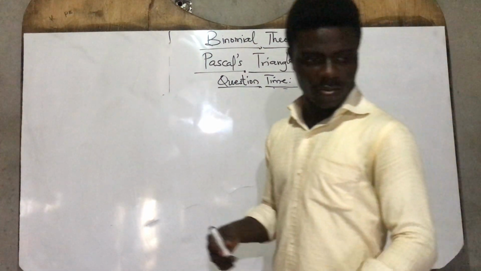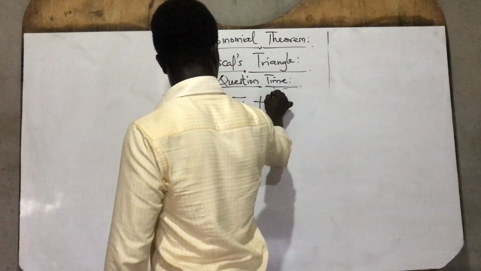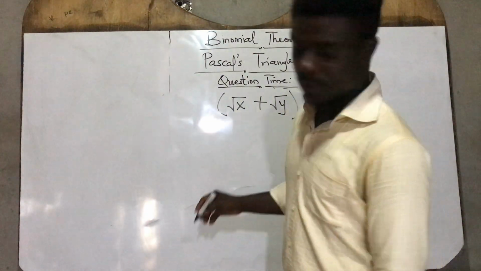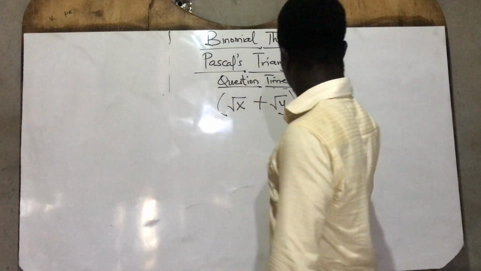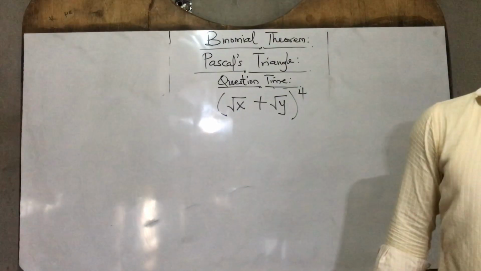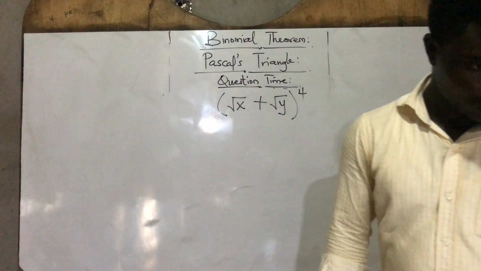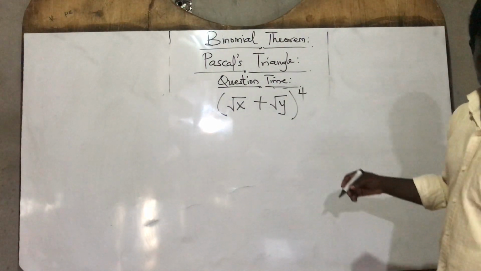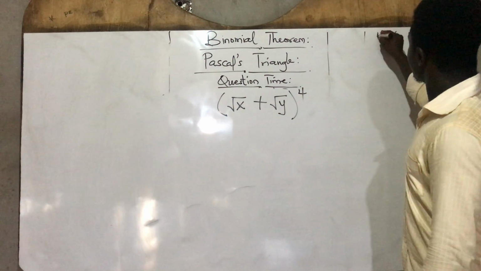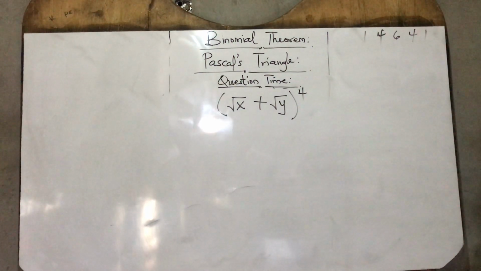Then use Pascal's triangle to expand square root of x plus square root of y all to the power 4. So we are using the Pascal's triangle to expand that.